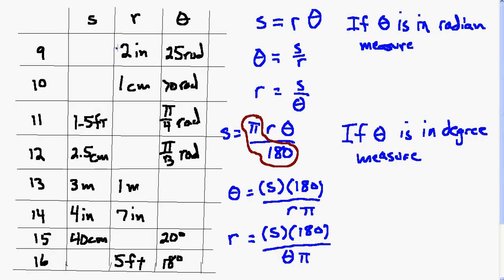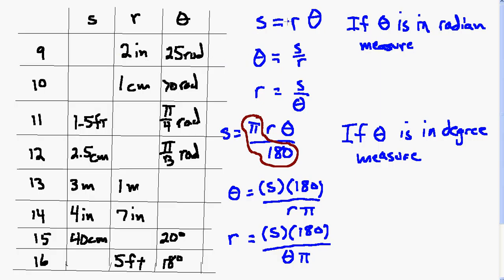So looking at the first one, I'm given R and theta, and I'm looking for S. It looks like it's in radian measure, so I don't have to use the bottom ones. I can use the top formulas. I'm looking for S, so I'm going to use radius times theta, so it's 2 times 25.